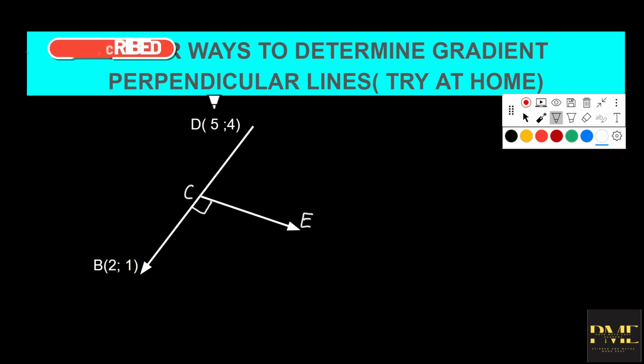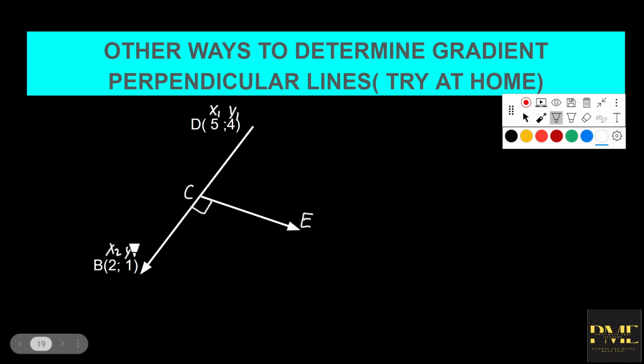Okay, right, so down to the denoting process. Because we have the coordinates of DB, and we were told that DB is perpendicular to CE, we can calculate the gradient of CE even if we don't have even one of its coordinates. So we have x1 here, y1, and x2 and y2.